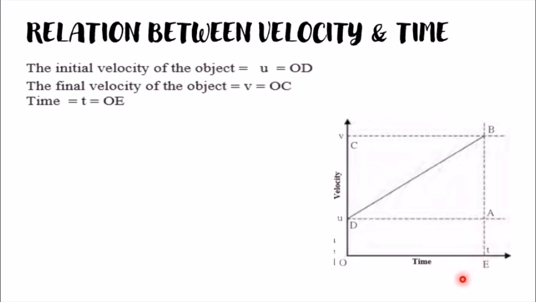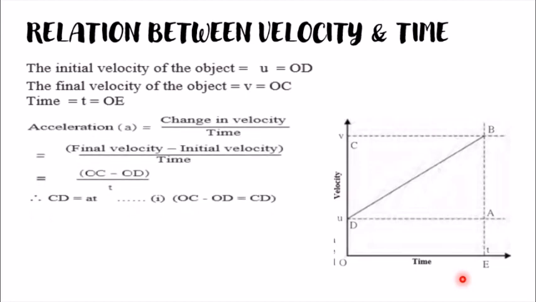We all know acceleration is the change of velocity upon time, which is final velocity minus initial velocity upon time. Our final velocity here is OC and initial velocity is OD, so OC minus OD upon t.